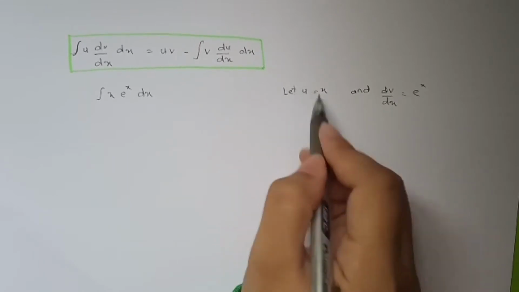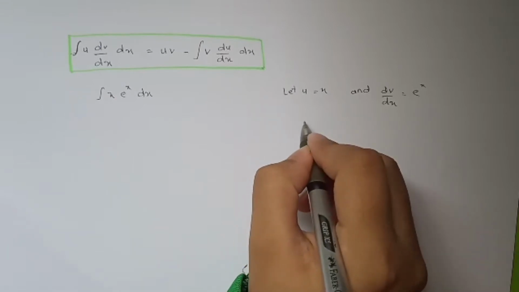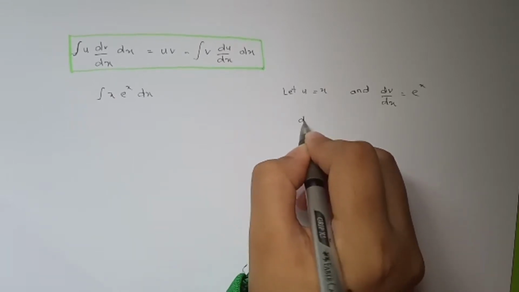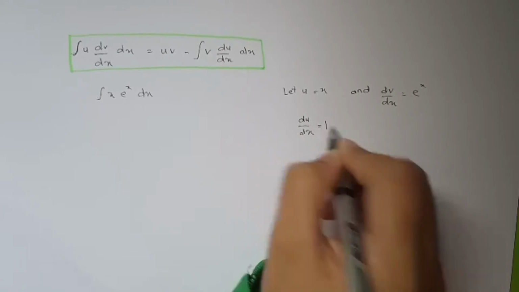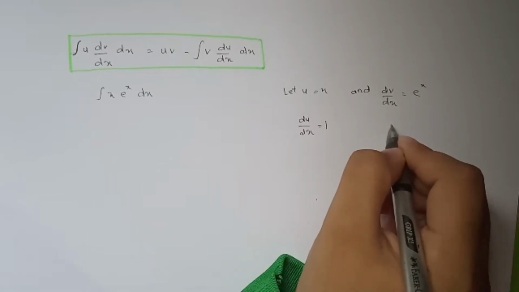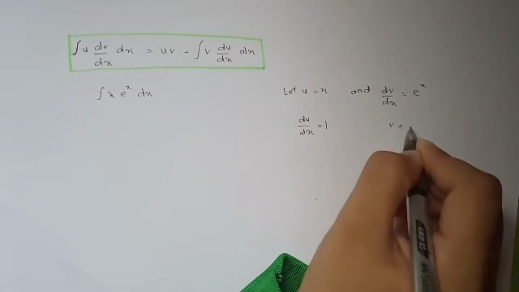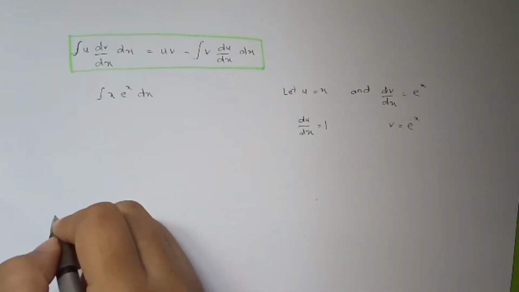So differentiating u, we will get du by dx equal to 1, and integrating dv, we will get v equal to e to the power of x.